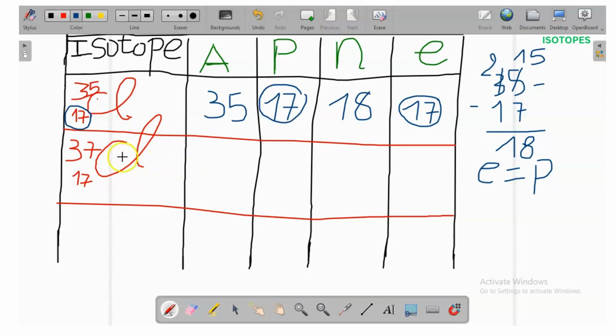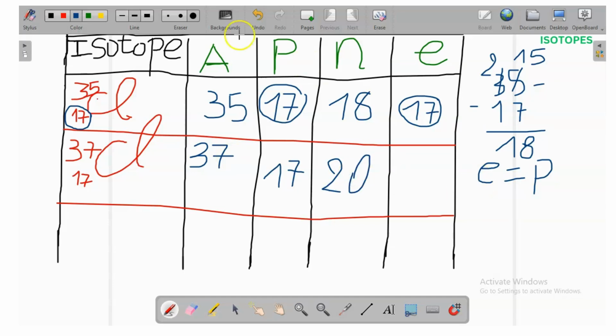Let us continue. Isotope 2 has mass number 37. The number of protons is 17. Let us continue by calculating the number of neutrons. It is found by 37 minus 17, which is equal to 20.